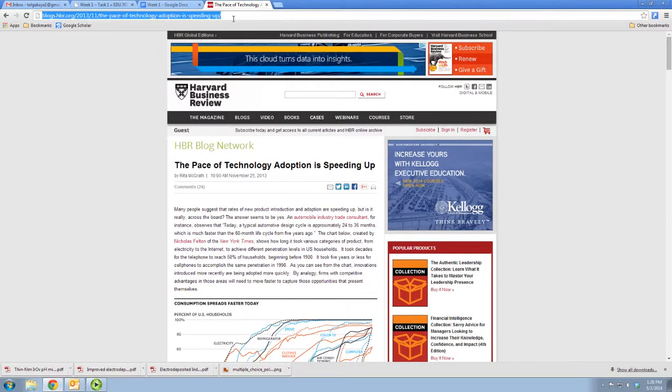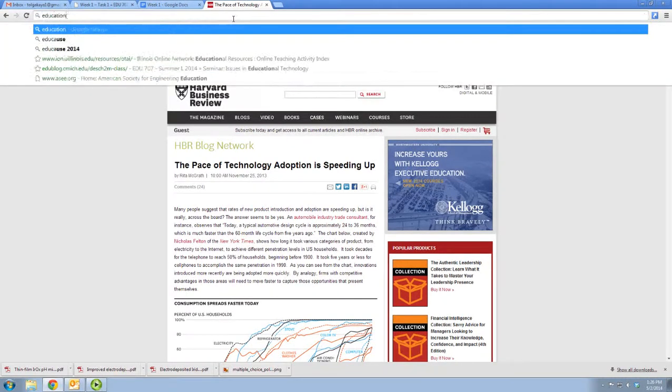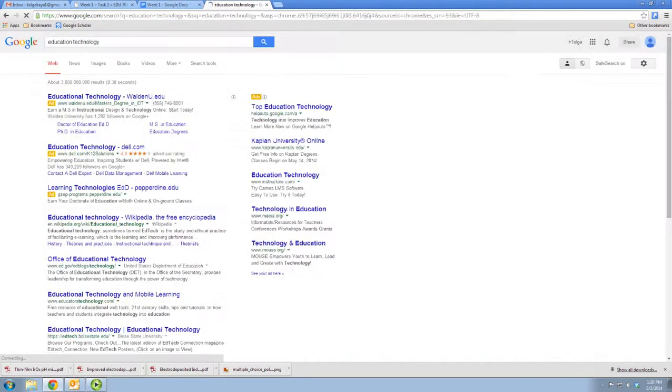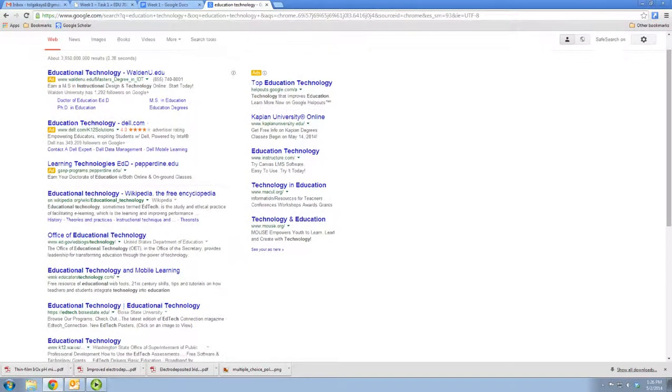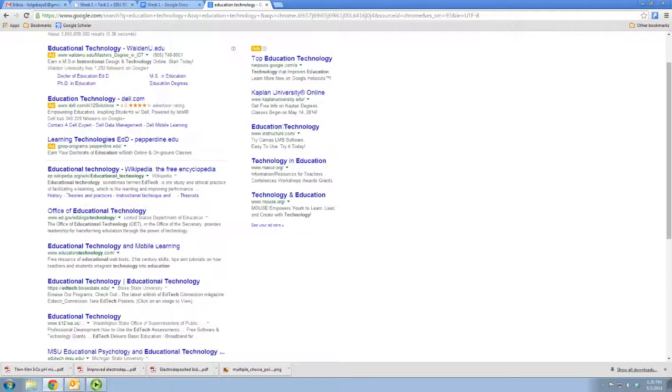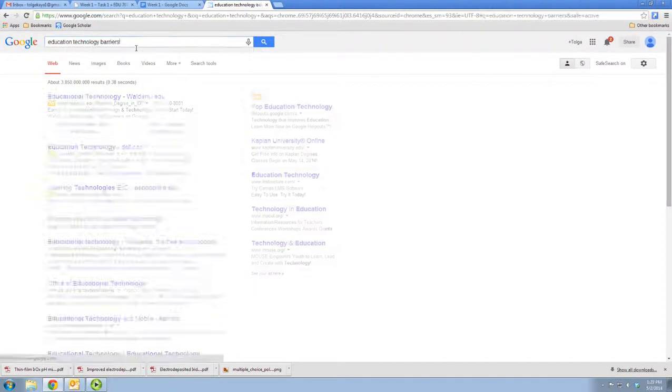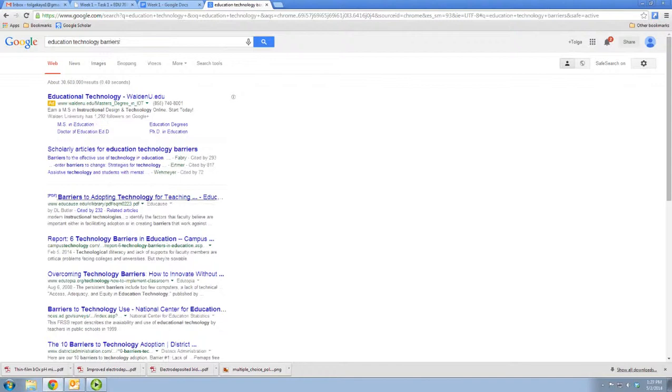So, education technology. Let's just Google this one and see what we have. So educational technology, Office of Education, and mobile learning. Let's do the barriers. Barriers to adopting technology for teaching.